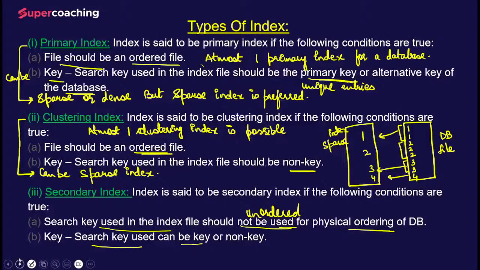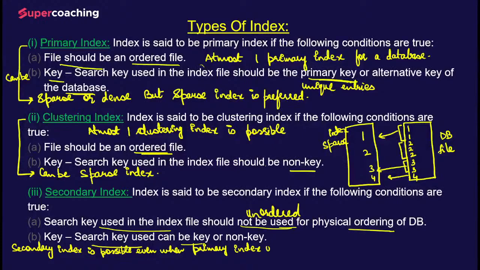Okay, so we can write here: secondary index is possible even when primary index or clustering index already exists.